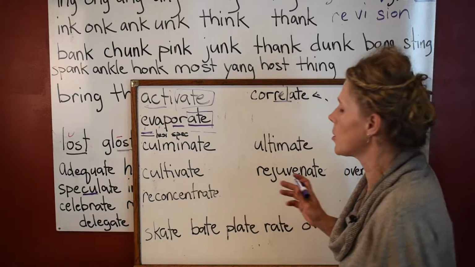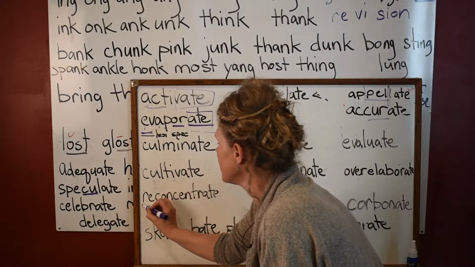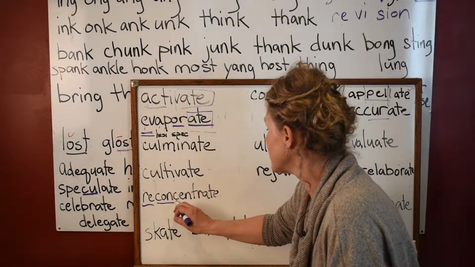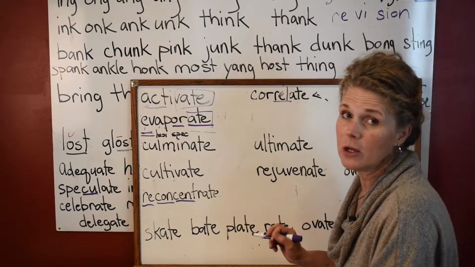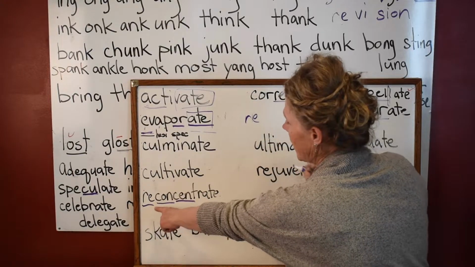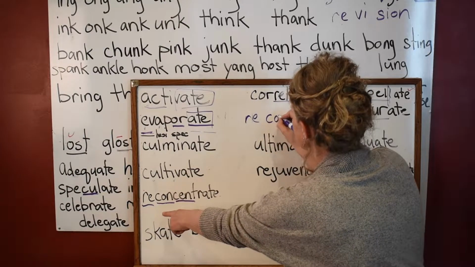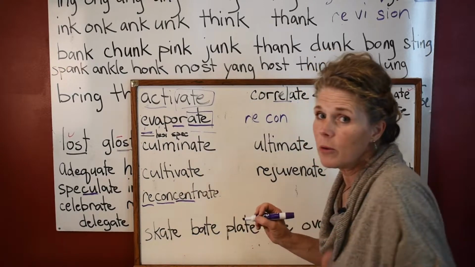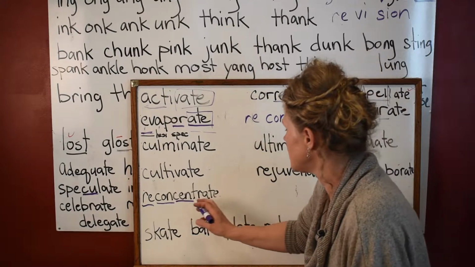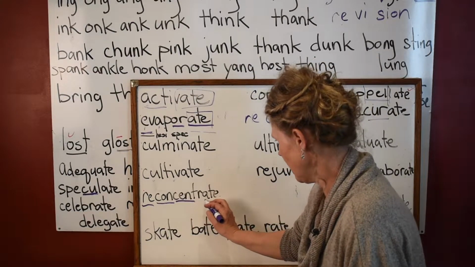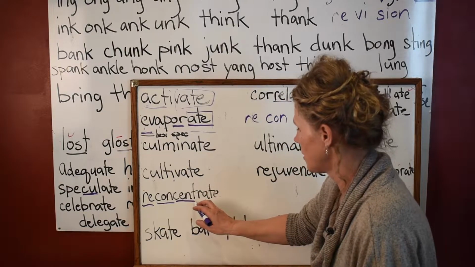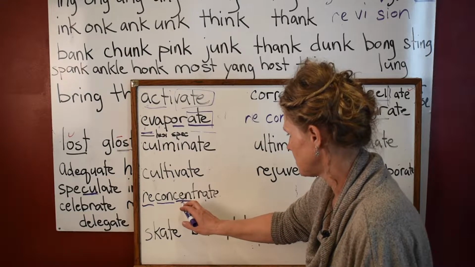Now, let's do reconcentrate. Okay, so you don't know how to read the word, you're trying to figure it out. So look at that, you have a prefix. Oh wow, you have another prefix. You have a Latin root right there. Okay, so we know R-E is going to stay in its prefix. We know C-O-N is going to stay in its prefix. Now, but when your Latin root is there, it can break apart into different syllables. So let's find our vowels. We know the A-T-E is going to kick with this one, but look, we have 3 in the middle right here.